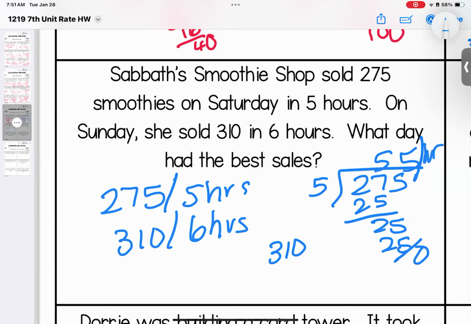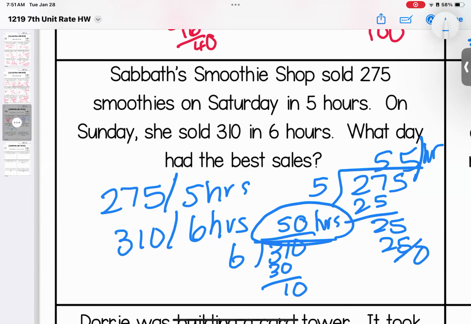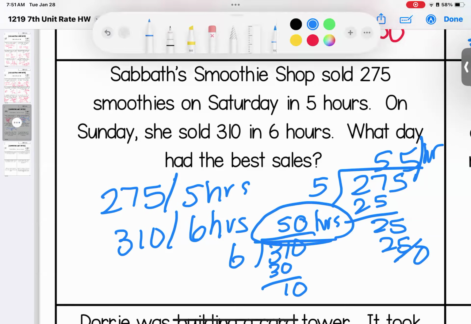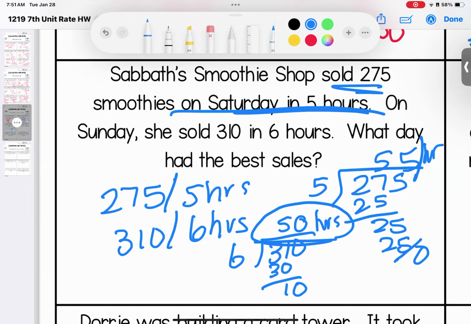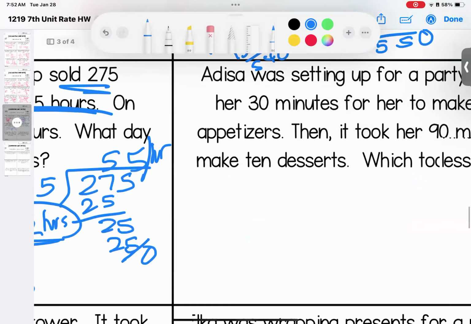And then over here, 6 times 5 is 30. And then we're going to say 0. So even if we don't continue, 50 per hour is lower than 55. So we're going to say that 275 is her best day, Saturday. She sold 55 per hour.